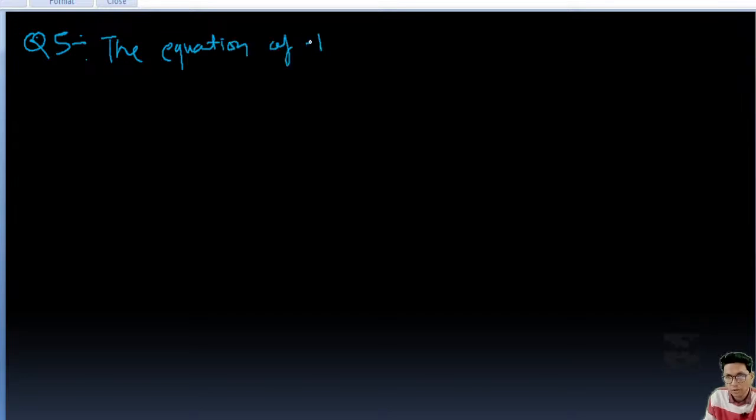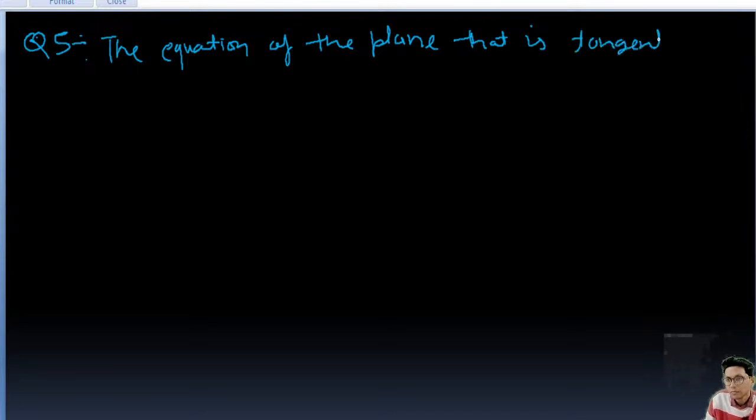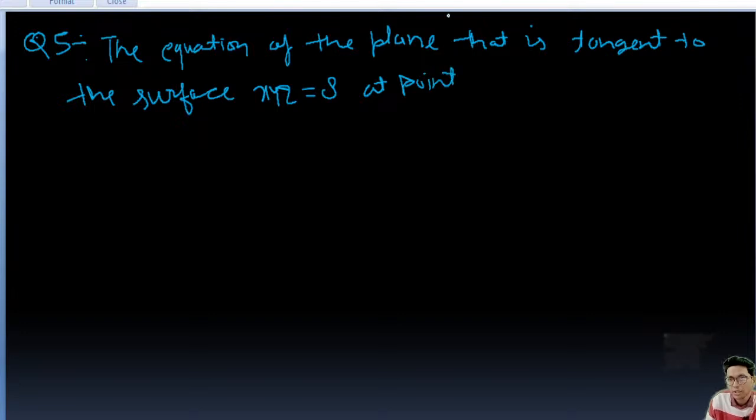The equation of the plane that is tangent to the surface xyz equal to 8 at point (1, 2, 4) is.